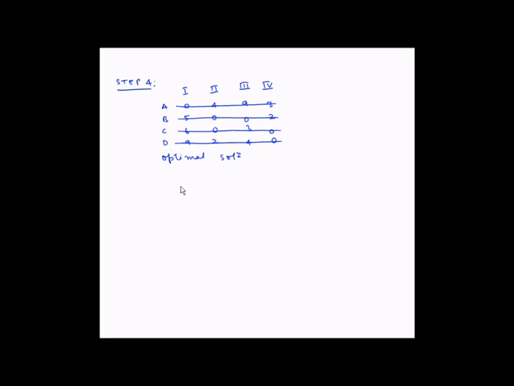Now since we already have an optimal solution, we can go ahead and assign the tasks to the subordinates in an optimal fashion. So hence step number 5.